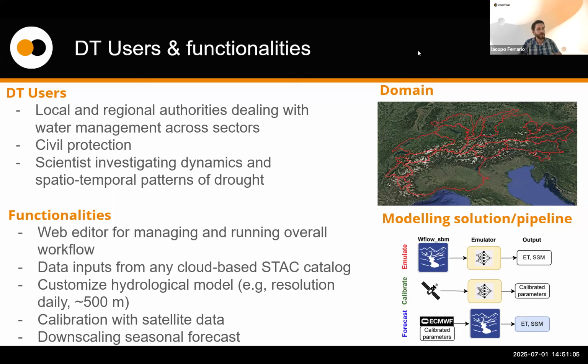Then we can use the emulator to calibrate this Wflow SBM model using satellite estimates of surface soil moisture. The calibrated parameters can then be used together with the seasonal climate forecast from ECMWF to produce the hydrological forecast of evapotranspiration and surface soil moisture for the next 7 months at daily resolution. Next slide.